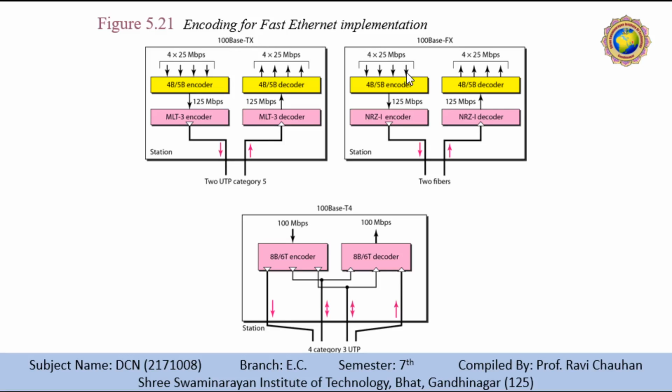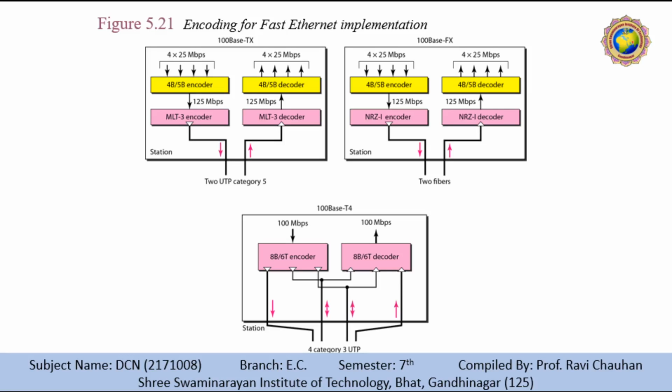So what is used in 100 base FX? 100 base FX uses 2 pair of fiber optic cables. Optical fiber can easily handle the high bandwidth requirements by using simple encoding schemes. The designer of 100 base FX selected an NRZ-I encoding scheme for this implementation.